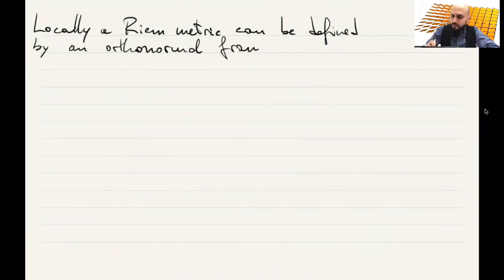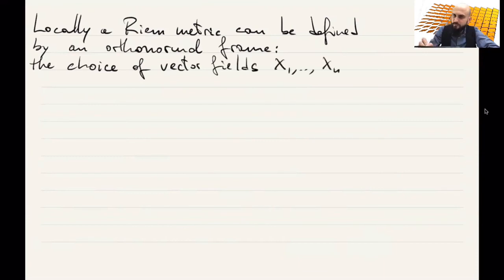What does this mean? This means that we need to choose vector fields x1 up to xn.